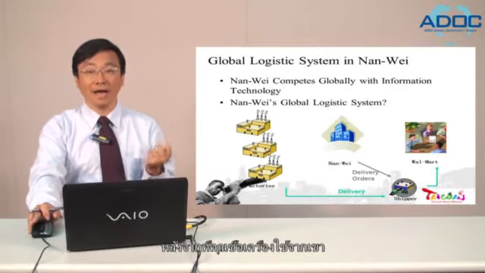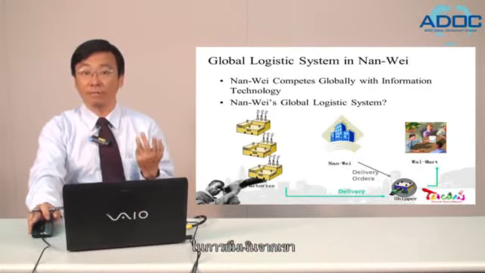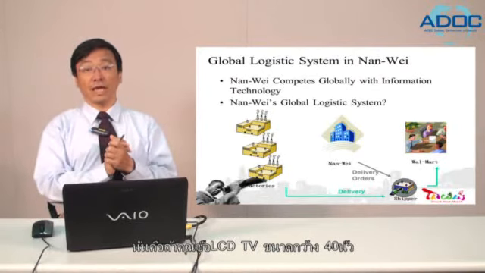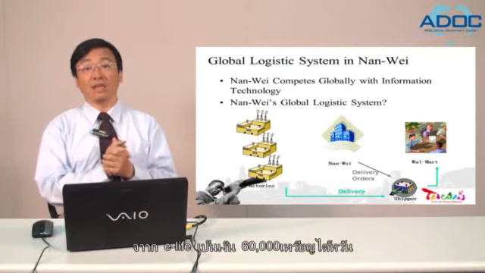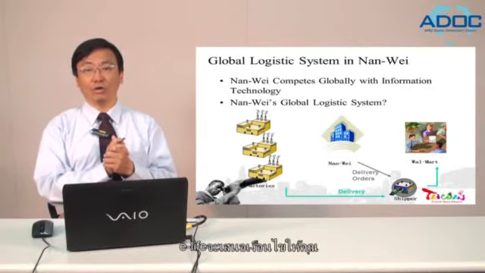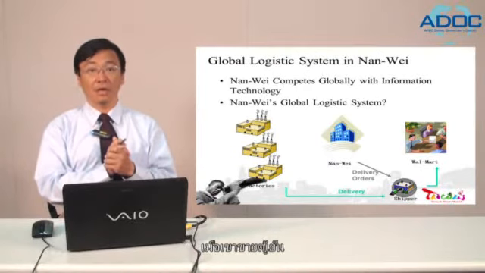After you buy the appliance, they will actually offer you an option to borrow more money from them. That is, if you buy a 40 inch LCD TV from eLife for NT$60,000, eLife will offer you an option to borrow another NT$60,000.